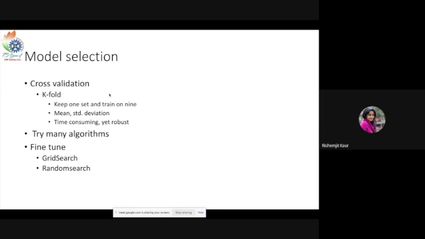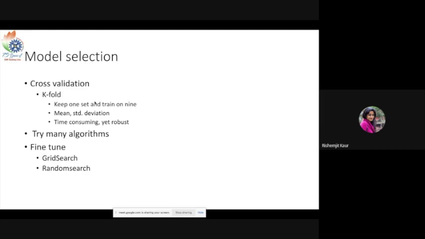The purpose of this is that it helps us to understand if our algorithm is overfitting on the data set or if it is underfitting. We need to know how well it will perform on the unknown data set, right? There are different cross validation methodologies as well, but I will not go into the details. The approach generally is that we split the data set, set up the cross validation pipeline, then we try different algorithms, and we also try to fine tune the different parameters of those algorithms.